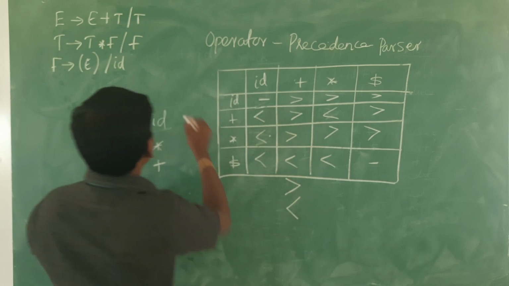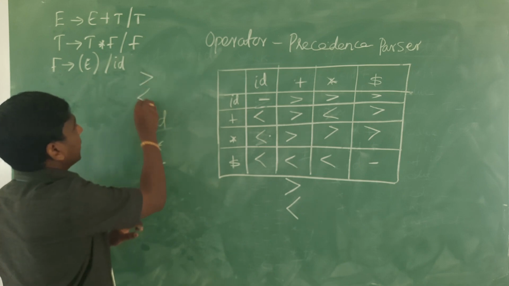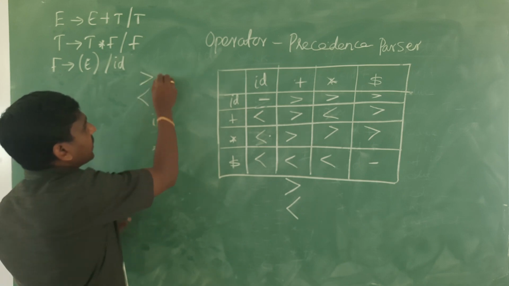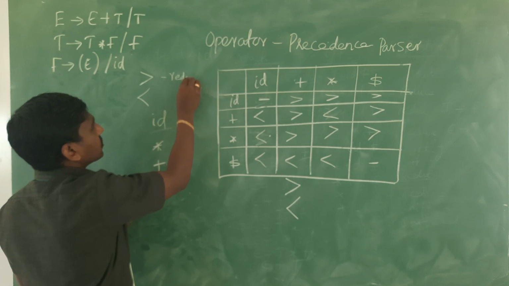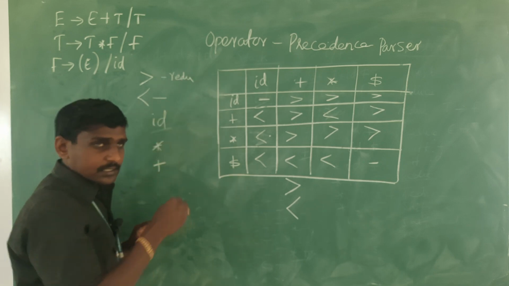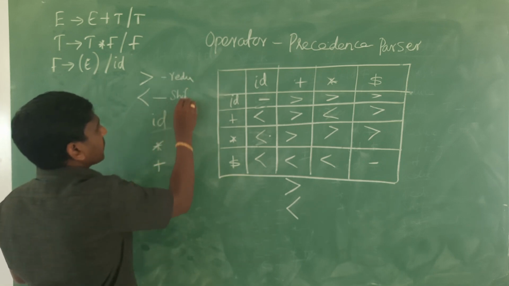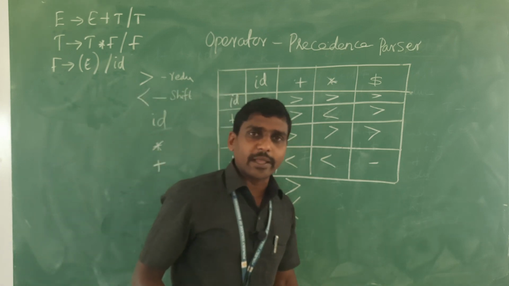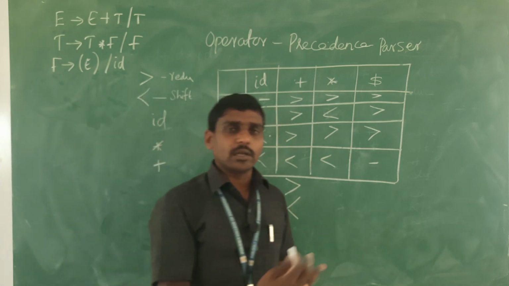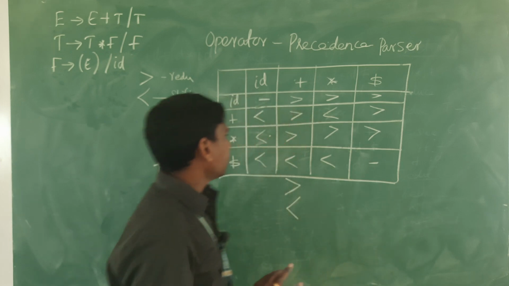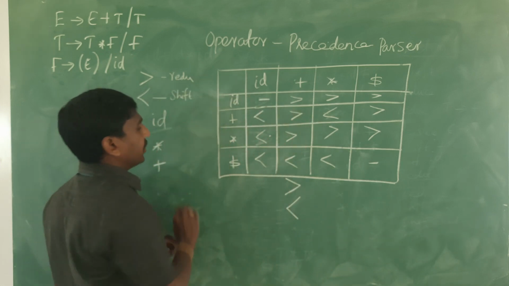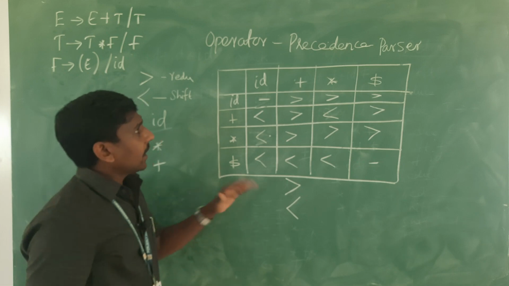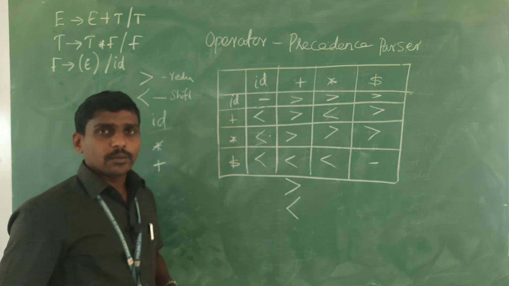Don't forget this; it is needed for the stack implementation. So it is easy to find whether the parser wants to shift or reduce. There is no confusion. That is the advantage of the operator precedence parser.